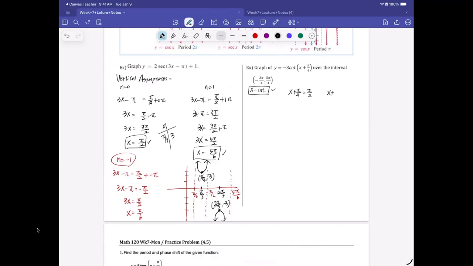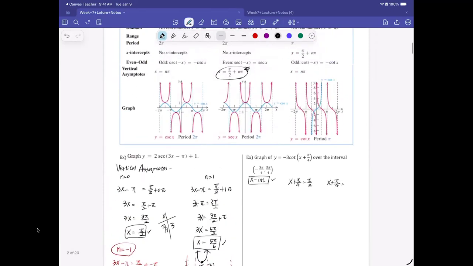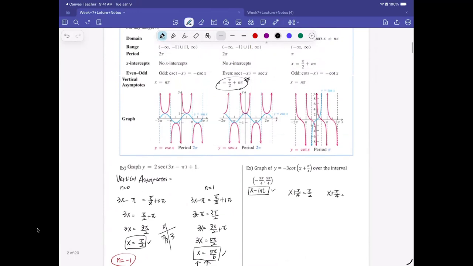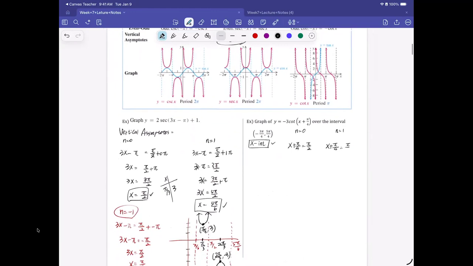And then x plus pi over 4 equals what? The x-intercept is when n is 0, and then this is n is 1. So pi over 2 times 1 pi is pi over 3. Yep, pi over 3.